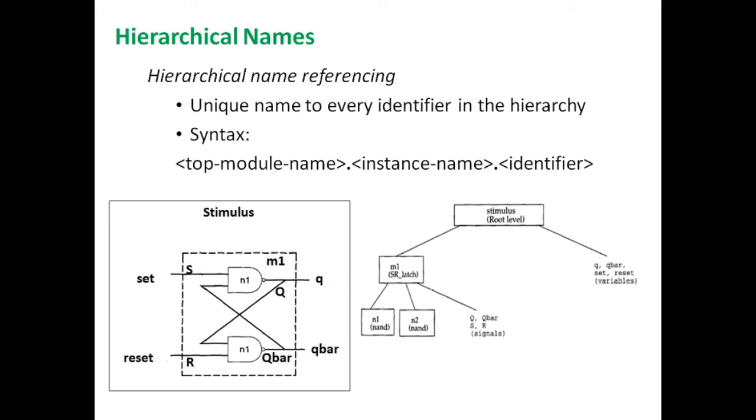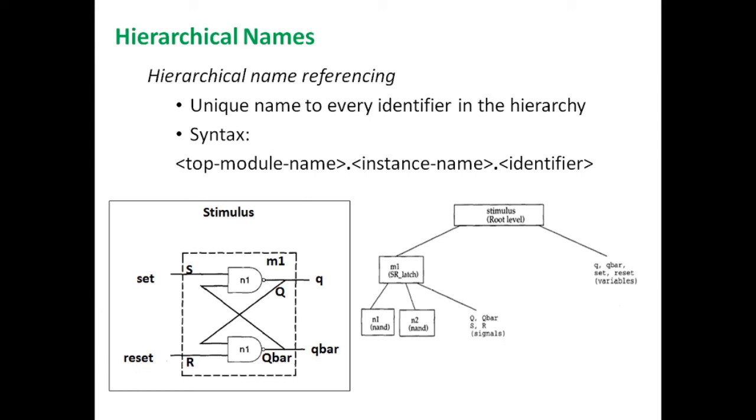That means a hierarchical name has to be given to each and every identifier, a signal or a variable or a gate or any instance inside your module. A hierarchical name is a list of identifiers separated by dots for each level of hierarchy.